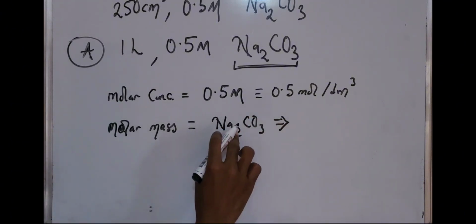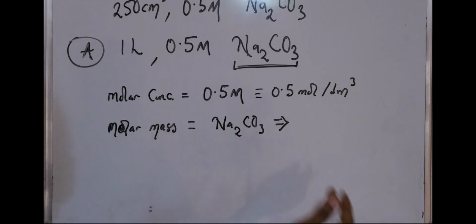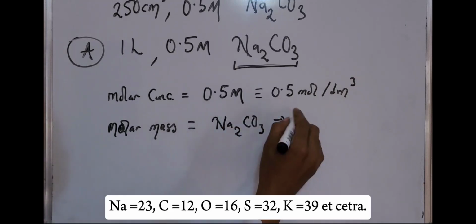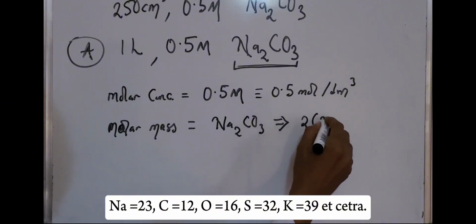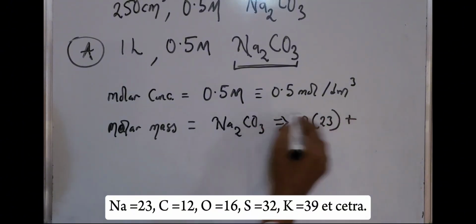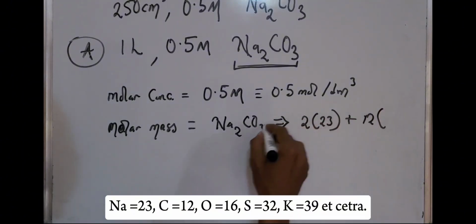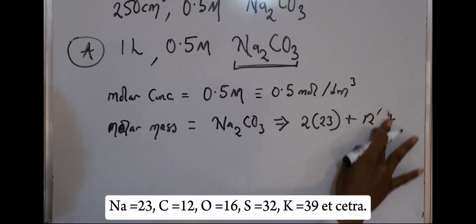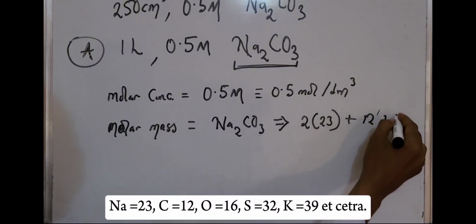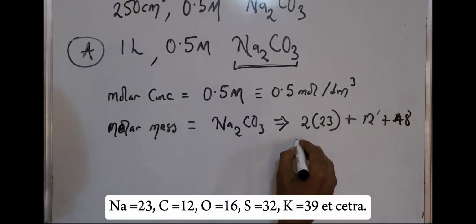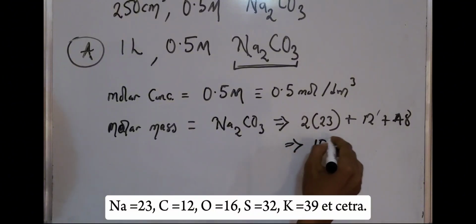Usually the values could be given, but in case it's not given, you're expected to know it. Sodium is 23, that's 2 times 23, plus carbon is 12, just one of that, plus 3 times 16, that's 48 for oxygen. So if you do this correctly, you should have 106.